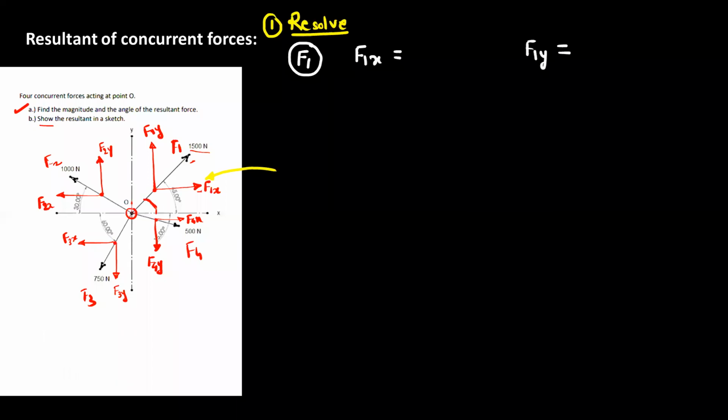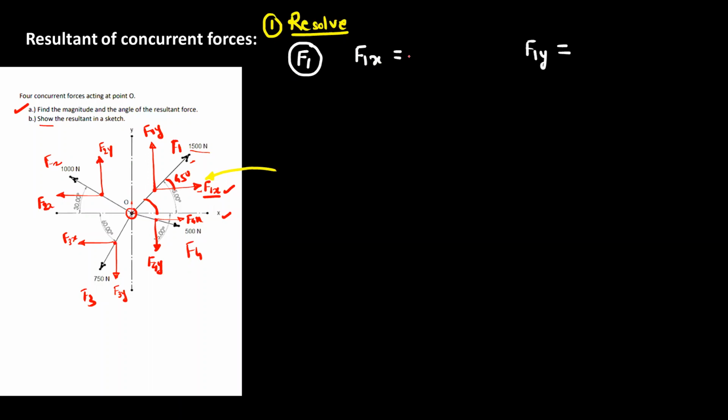this angle is 45 degree and therefore this angle will be 45 degree only because F1X and X-axis are parallel to each other and this is the common intersecting line, which is the 1500 Newton. So this angle will be same, which is 45 degree. Okay. Now F1X is adjacent to angle 45 degree, so F1X will be cos component. Okay.